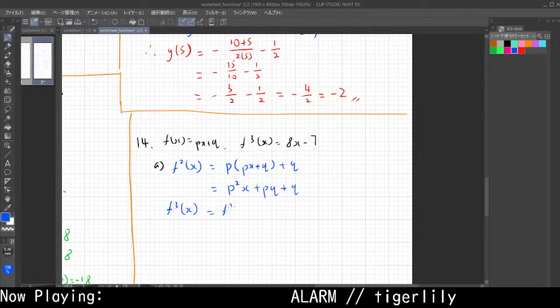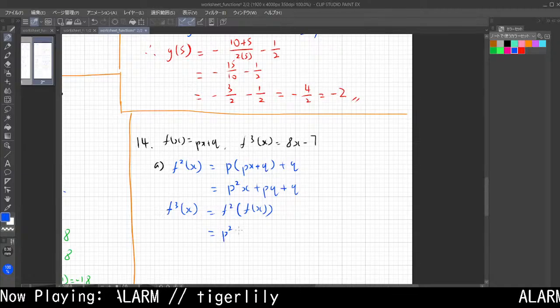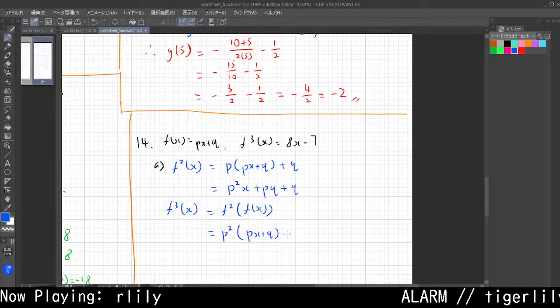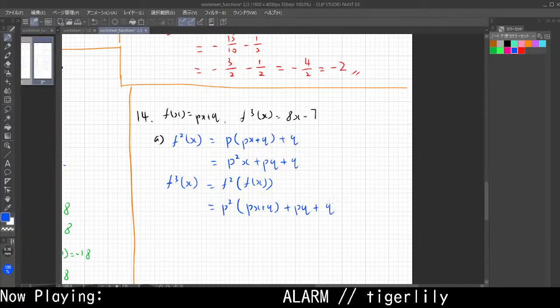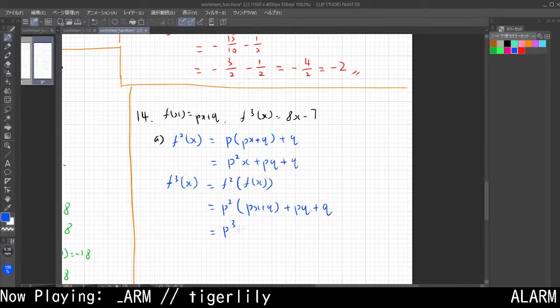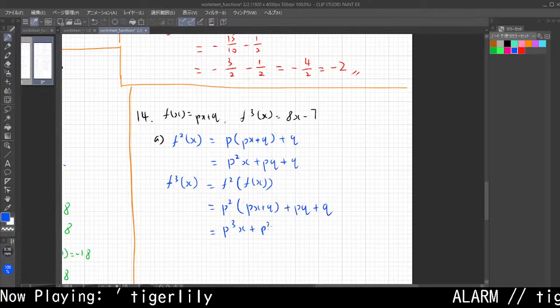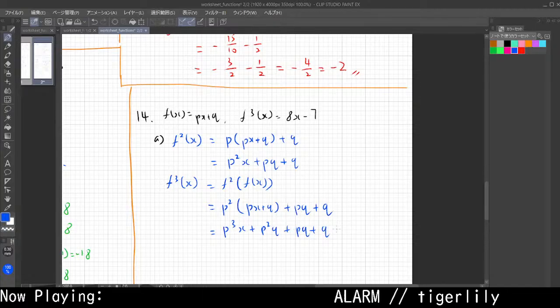f3 is f2 with f. So this will get you p square (px plus q) plus pq plus q. Okay. p square multiply inside the bracket, you get p cube x plus p square q plus pq plus q.